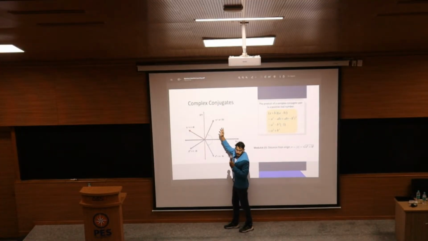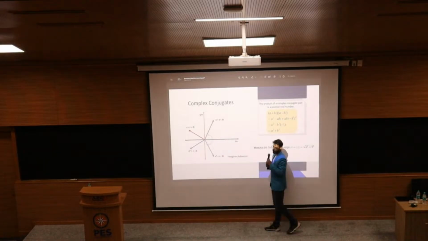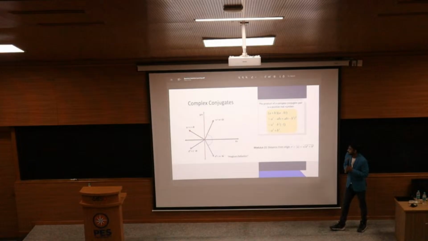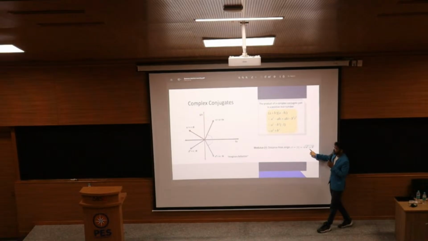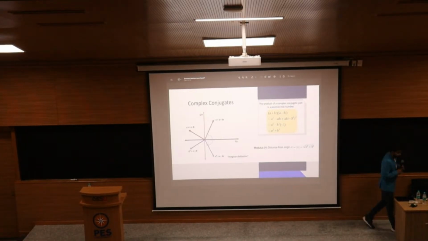Using Pythagoras theorem, the magnitude should be root of a squared plus b squared. So this is the magnitude of this complex number, and we can see that with conjugates we can find this a squared plus b squared. So the product of a complex number and its conjugate is sometimes very useful.